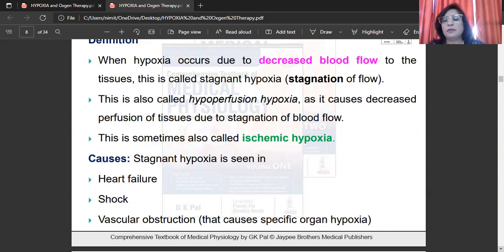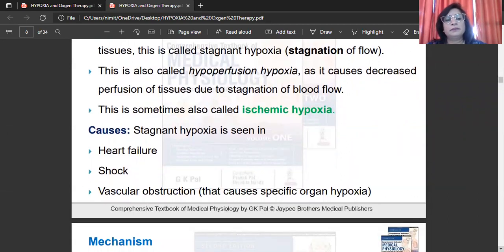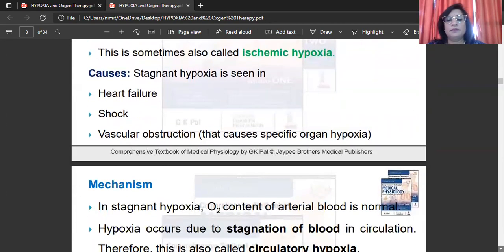After this, 5 minutes. Stagnant hypoxia is seen in heart failure, shock, vascular obstruction that causes specific organ hypoxia.